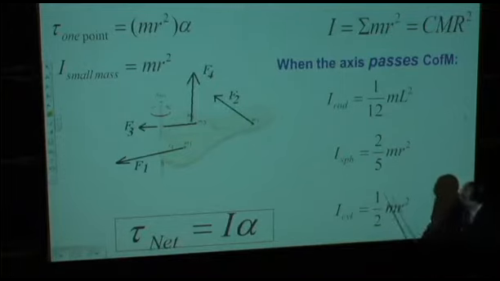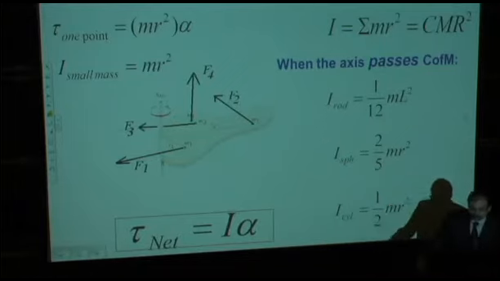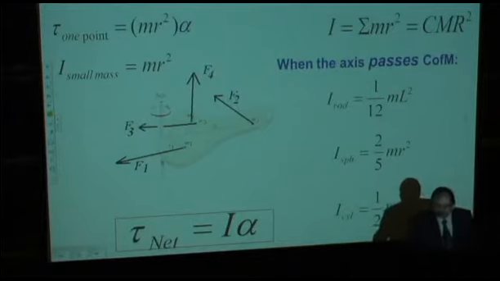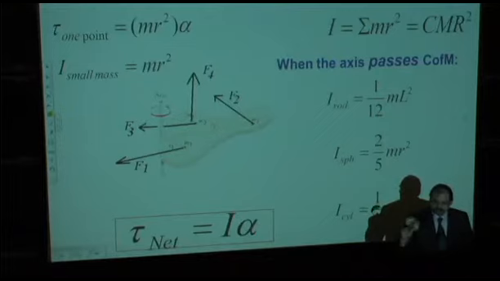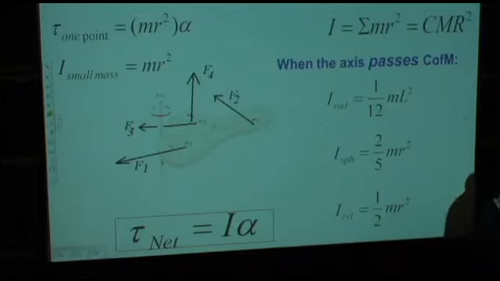So from now on, all we need to know is just what object is being used. If it's a sphere, that number. If it's a cylinder, this number. If it's a hollow cylinder, what do you think? In the middle. And for the hollow cylinder, the radius of the cylinder.